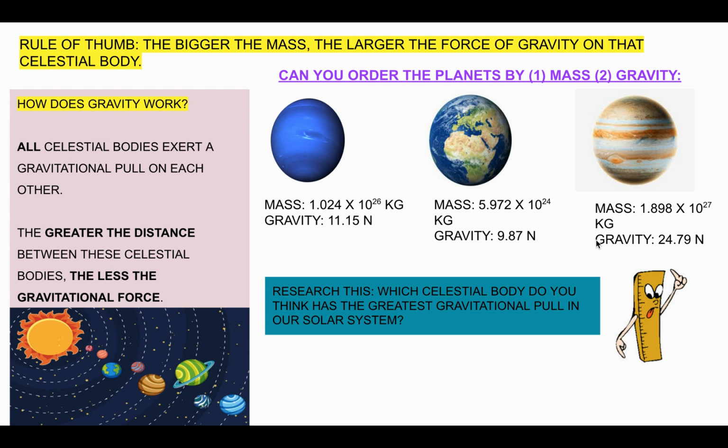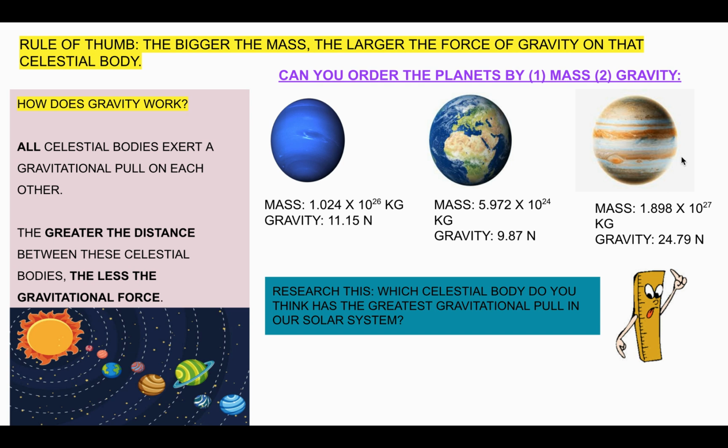So which one of those has the greatest gravity? If you look here, you can see this has 24.79. But why? Because if you look at the indice here, remember an indice is something like, if I had 10 to the power of 3, that's really 10 by 10 by 10, which is 1,000. So the bigger the indice here, in this context, it means the bigger the planet.